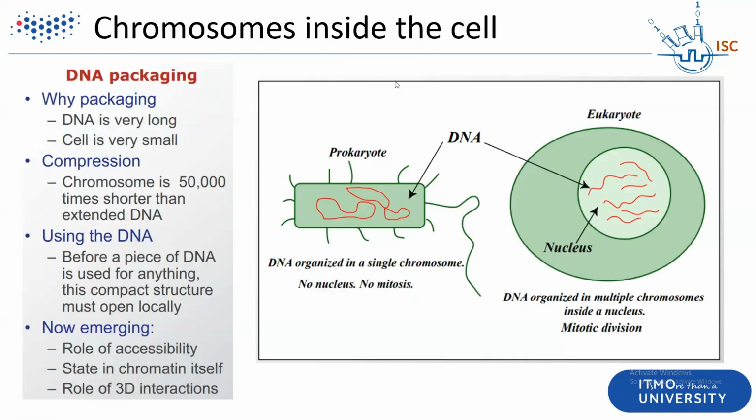So what is the genetic information, and where is it located within the cell? When you look at different cells, like the eukaryotic cell and the prokaryotic cell, the genetic material is located in different compartments of the cell.